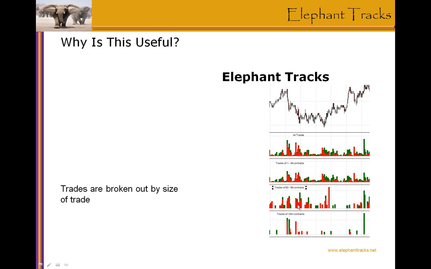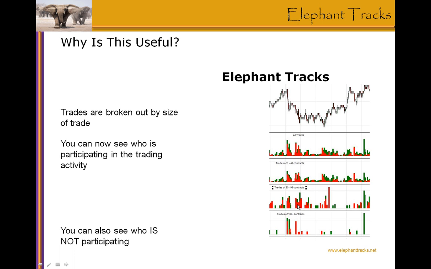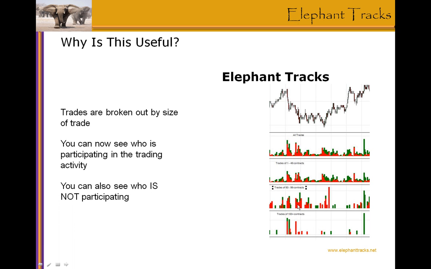With elephant tracks, trades are broken out by the size of trade, what tranches you set up, whether you have 1 or 4 or 5 or 3, and what size they are completely configurable by you, which now allows you to see who's participating in the trading activity, and just as importantly, who's not participating in that trading activity at a given moment in time. And now you can directly see if the large institutional traders are buying or selling or some mixture.